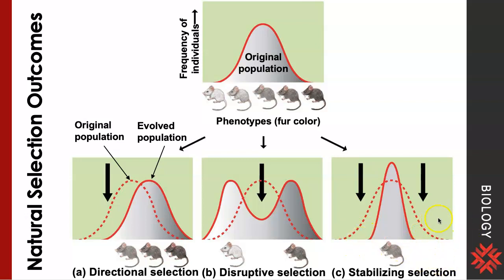Those that are really too big are going to have a hard chance of surviving. Maybe it's really hard for the mom to give birth to those because they're so large. Maybe they can't get enough food because they're so large. So stabilizing selection is saying that those offspring that have the intermediate birth weight are the ones that are the most likely to survive. Okay, so these are the 3 different outcomes of natural selection.